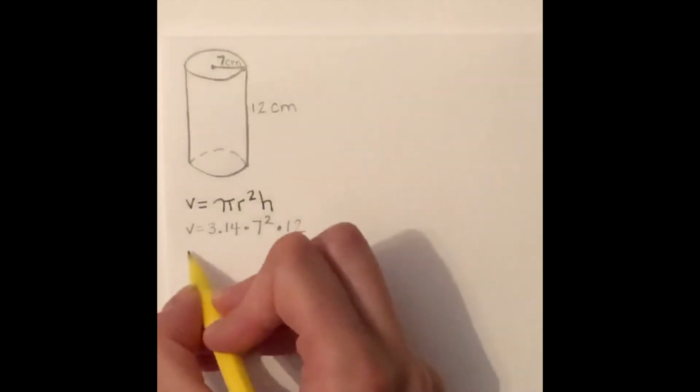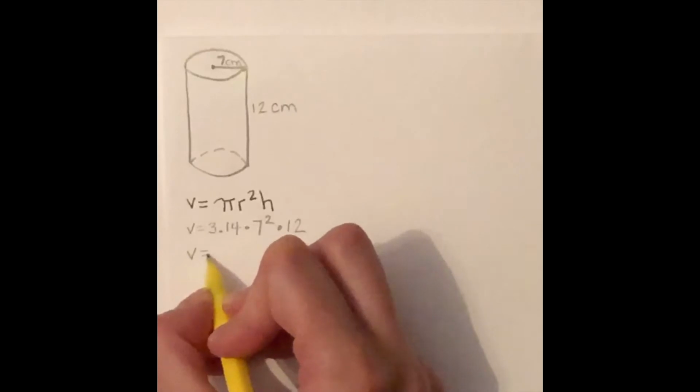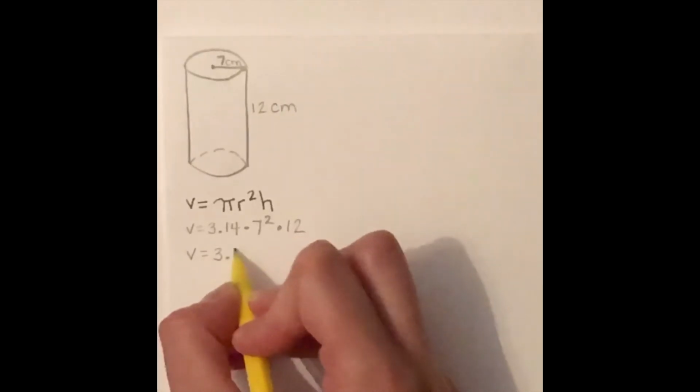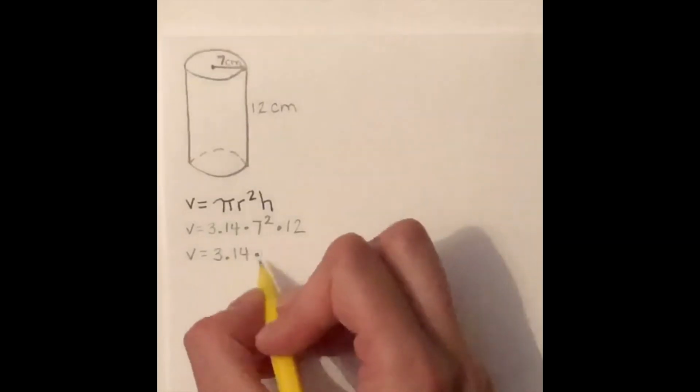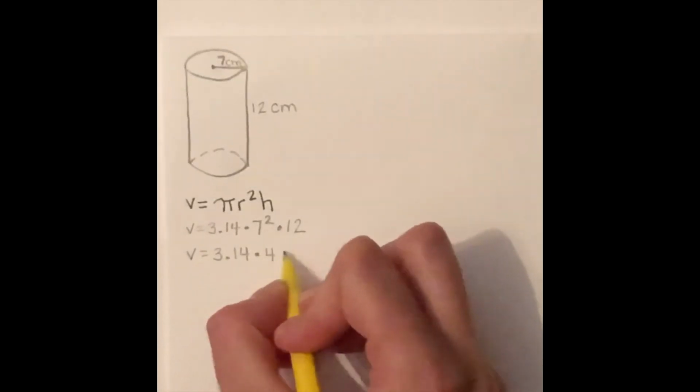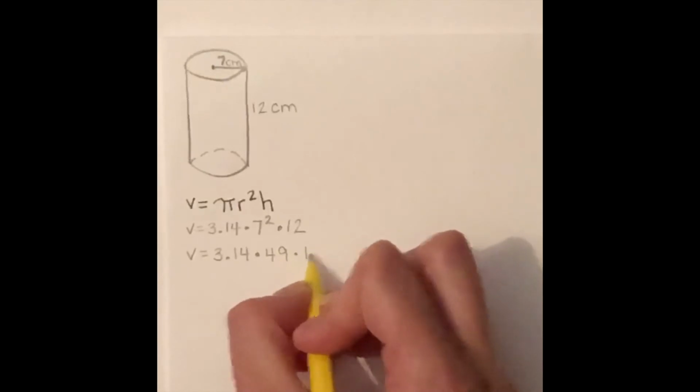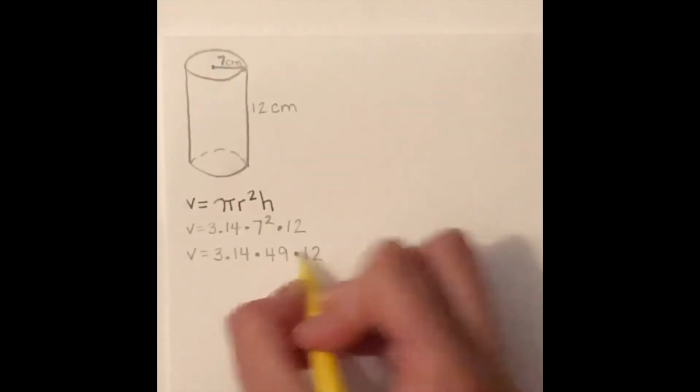In your calculator, we could certainly plug this all in. But just to simplify, we know that 7 squared is 49, not 14. Don't make that silly mistake. So we have 3.14 times 49 times 12.